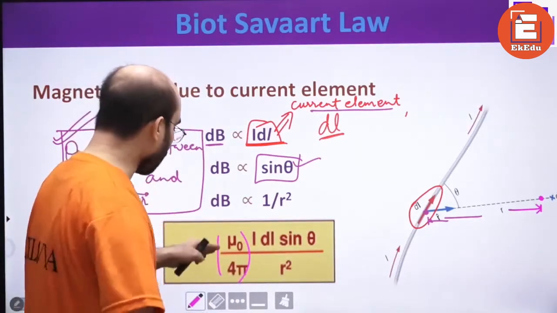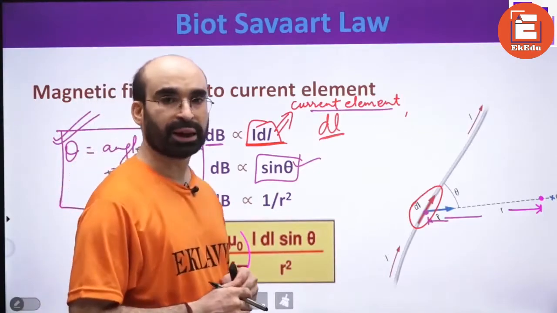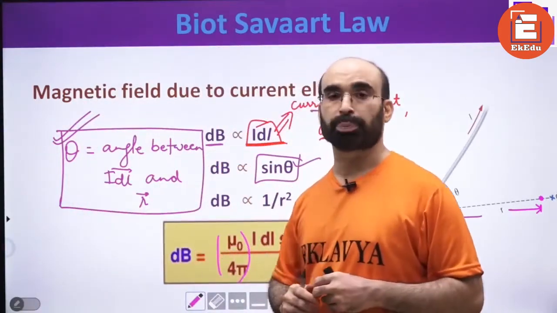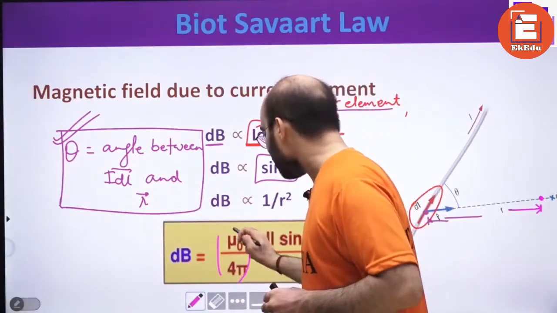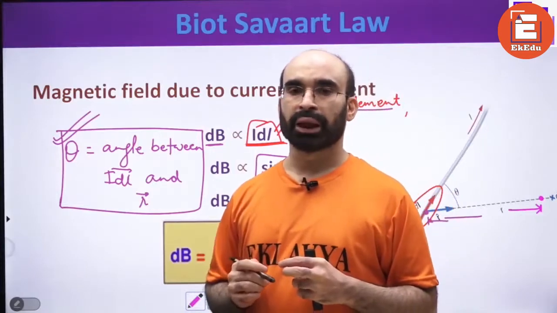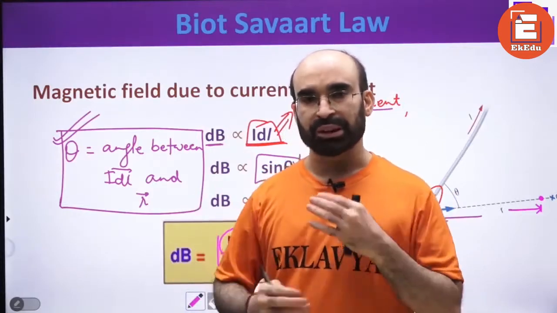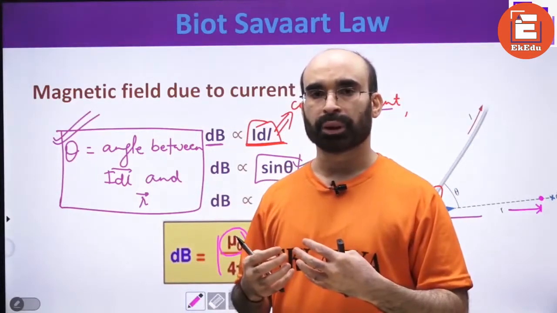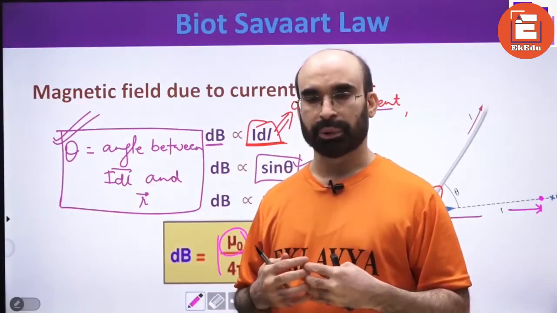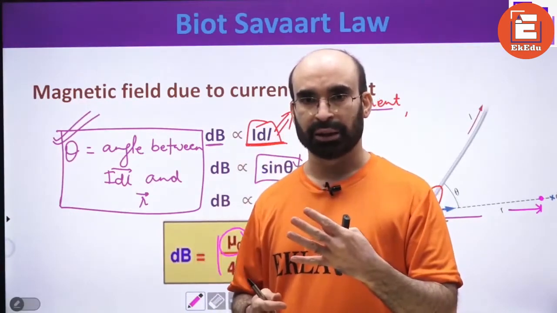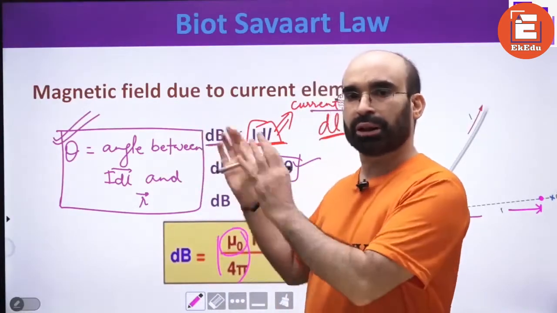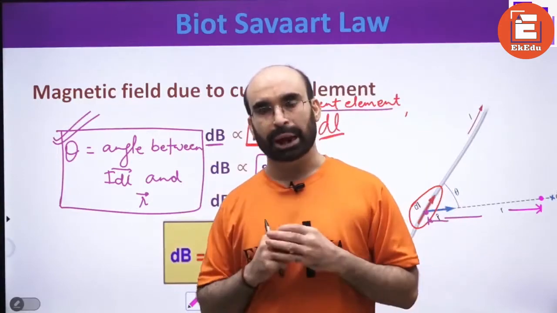Now, there is a constant of proportionality. This constant of proportionality here, mu naught by 4 pi. Here mu naught is some factor which is depending upon the medium, right? The medium or the material basically. So that has got some significance. We will talk about this in the next chapter.